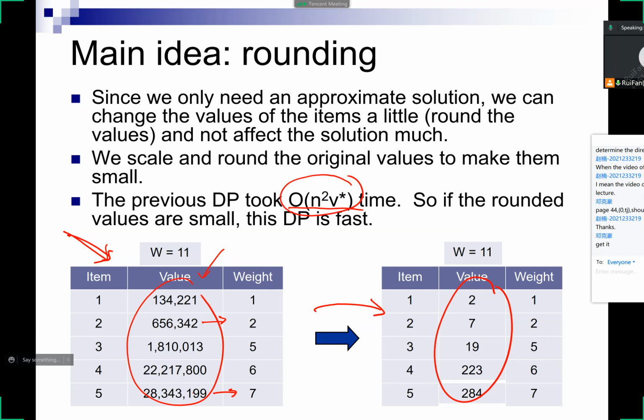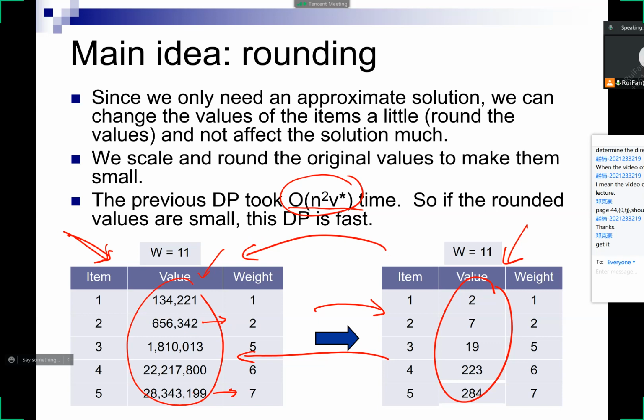And furthermore, you can see that these values here are pretty similar to these values over here. I mean, they're scaled down by a factor of 100,000, but they're very similar to the initial values. And so that means that an optimal solution to this small problem should be very similar to an optimal solution to the big problem.